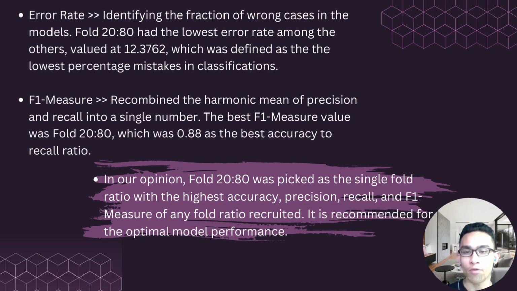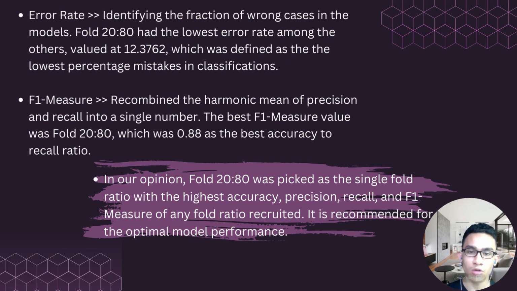The last one is the F1 measure value. The F1 measure combines the harmonic mean of the precision value and the recall value into a single value. The best F1 measure was on fold 20 to 80, which was 0.88, the best precision to recall ratio.